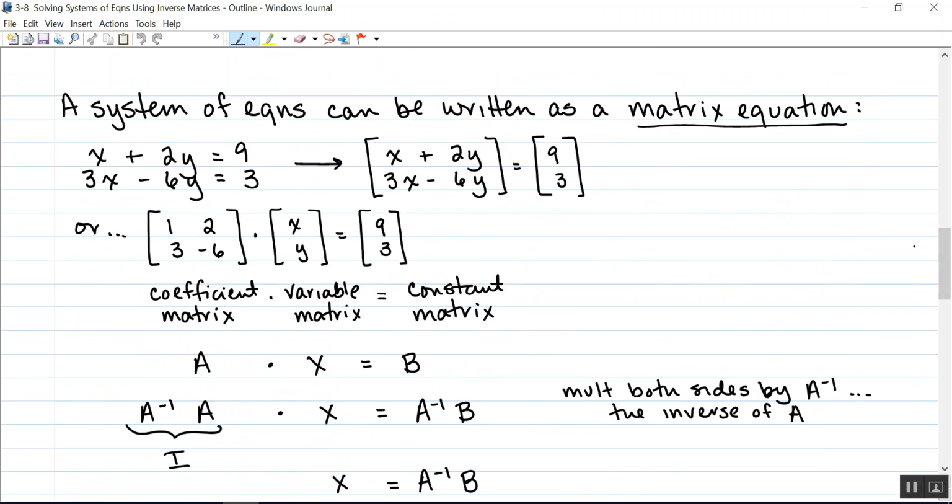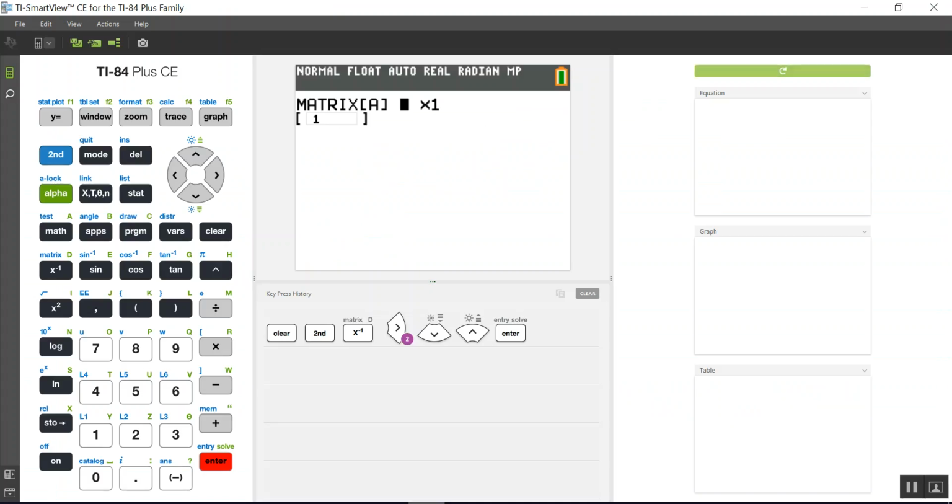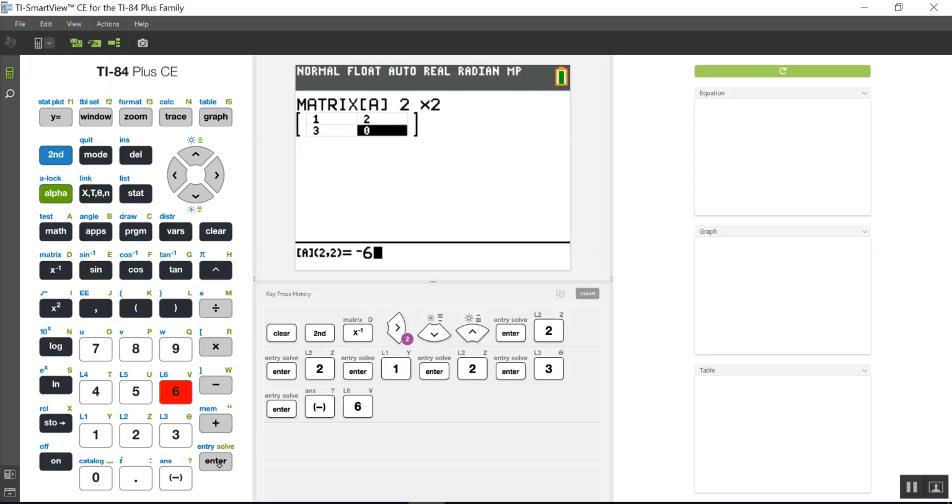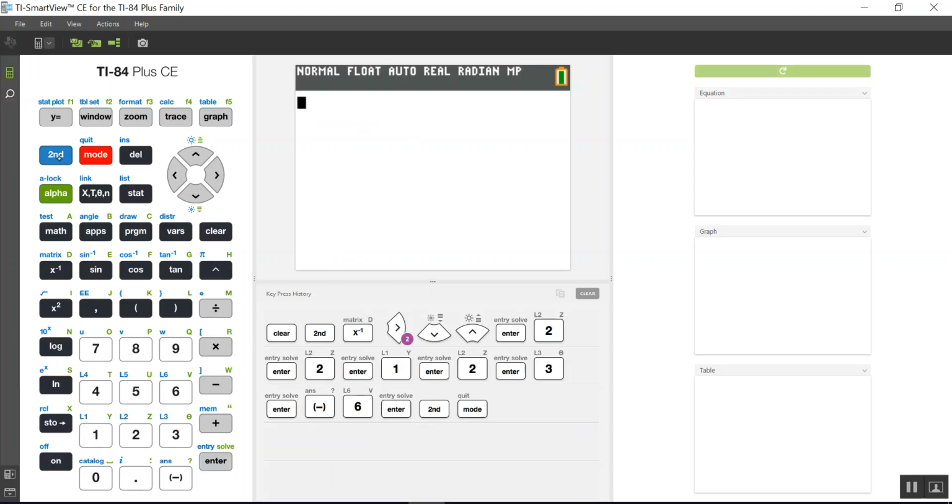This is a 2 by 2 matrix, so I can do 2, enter, 2, enter, and you can see it's created a 2 by 2 matrix. This is going to be my coefficient matrix, so I type 1, enter, 2, enter, 3, enter, -6, enter. And there's my coefficient matrix, and I'm calling it A. Okay, let's get out of this. I'll do second quit and go back to my matrix menu.